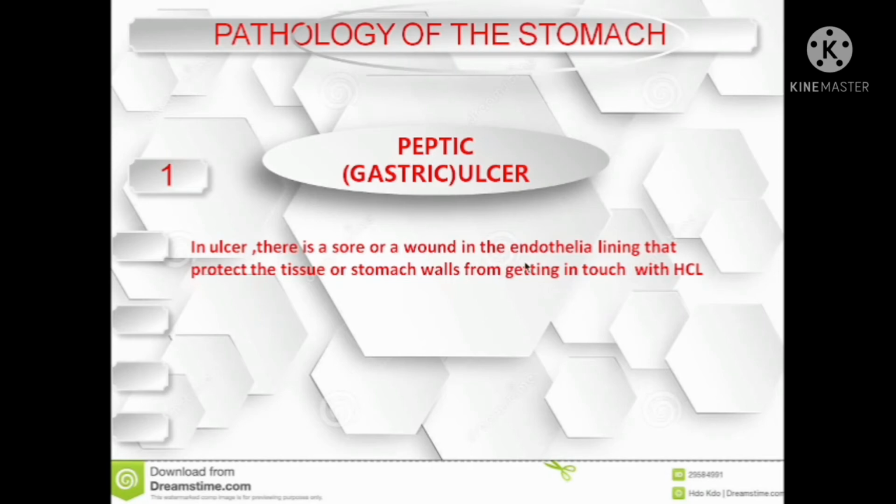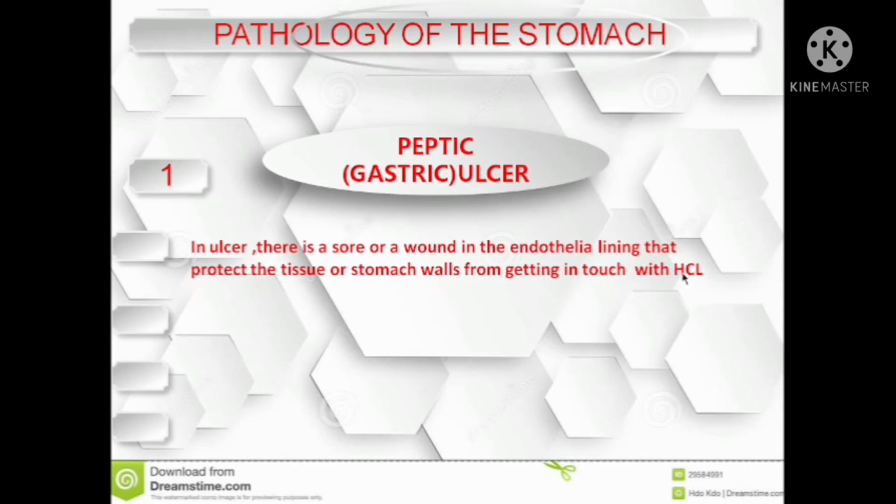So I told you that the stomach produces hydrochloric acid, but this hydrochloric acid shouldn't get in touch with the stomach walls, okay? But what happens in ulcer is that there is a sore, a hole, or a wound in that endothelial lining, and when there is a sore there, its protective activity ceases, and therefore it exposes the stomach walls to HCl.